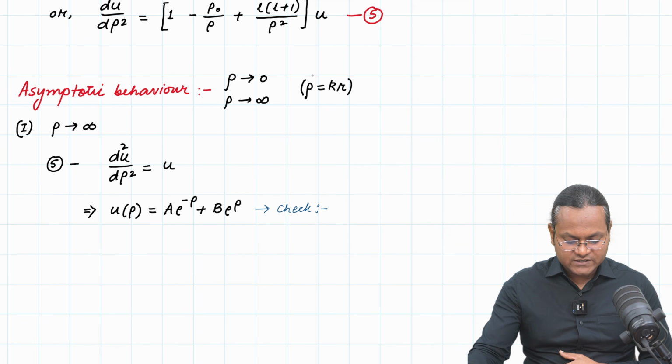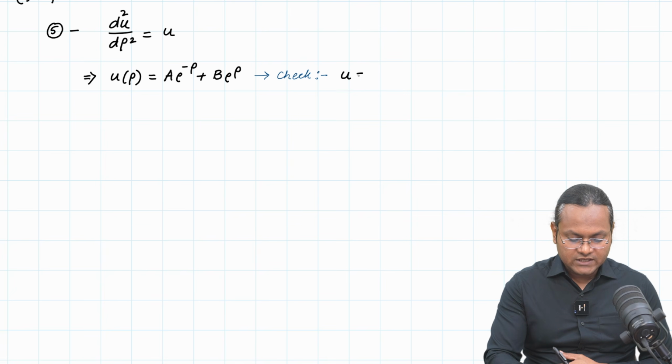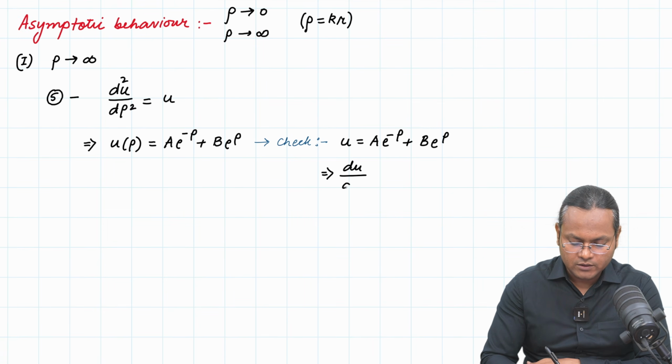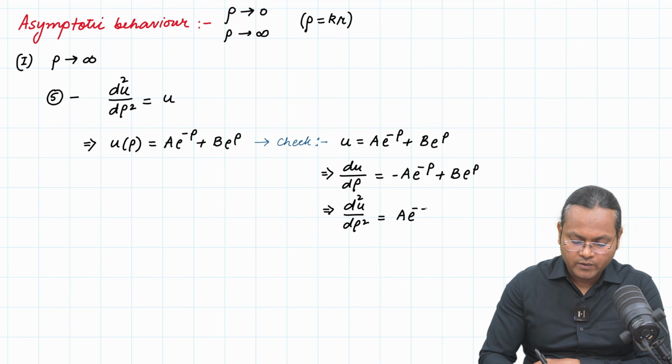How? Well, if u is indeed like this, u is equal to a e to the power minus rho plus b e to the power rho, then du upon d rho is equal to minus a e to the power minus rho plus b e to the power rho, and further d2u upon d rho 2 is equal to plus a e to the power minus rho plus b e to the power rho, and therefore d2u upon d rho 2 is just u.